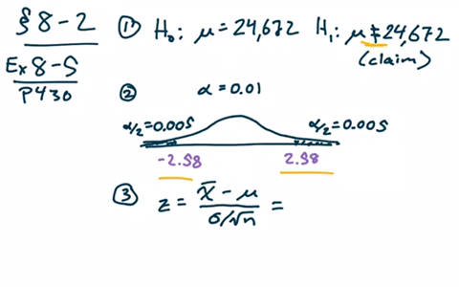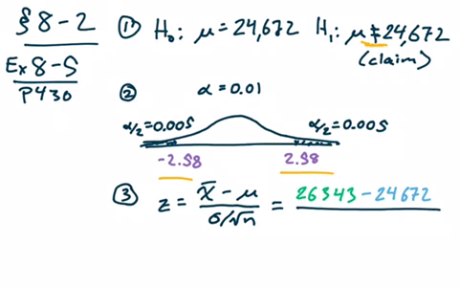The average for the sample that we looked at was 26,343. Our hypothesized population parameter is 24,672.